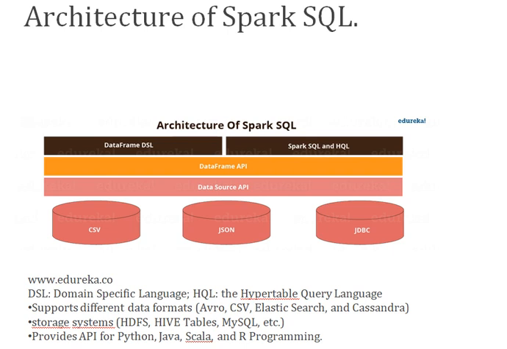And then we have a data source API, which is able to take different types of data sources for us to use. We also have the data frame API. In the previous session, we learned about data frames. And also we have the data frame domain-specific language.